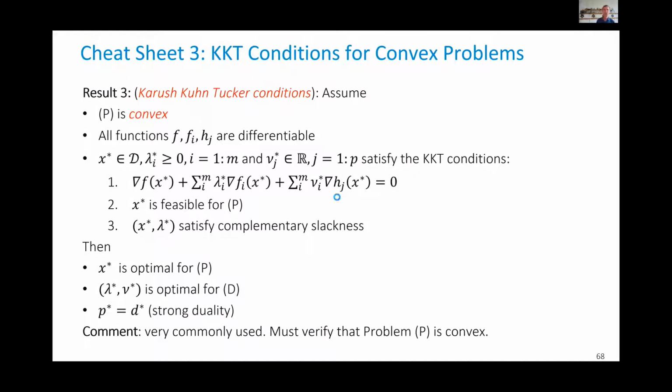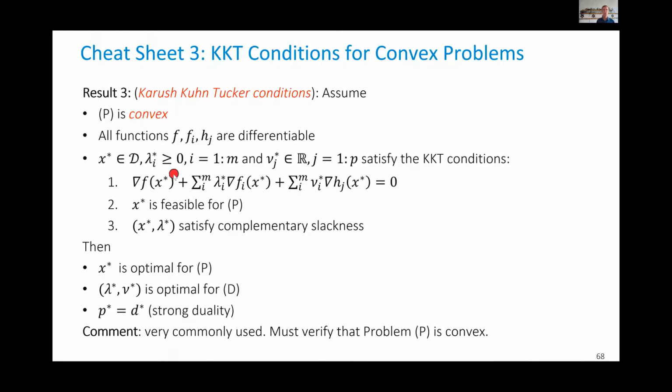Another concrete method for solving it is related to solving for the zeros of a gradient, which is called the Karush-Kuhn-Tucker condition. It works only if we can assume that the problem is convex and that all functions are differentiable. It's not always the case. For example, if you have a max, it's not differentiable, but we've seen also that we can remove a max.